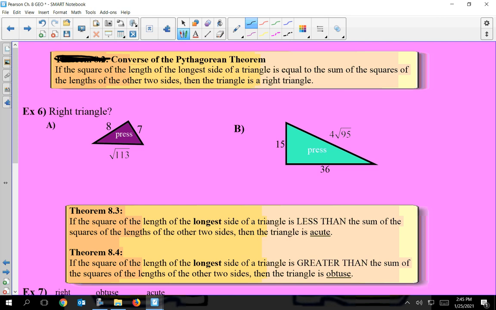So basically what it's asking you to do is, we're going to give you all 3 sides, and you just plug it into the Pythagorean theorem and see if it comes out to be equal, is what you're trying to find, okay?